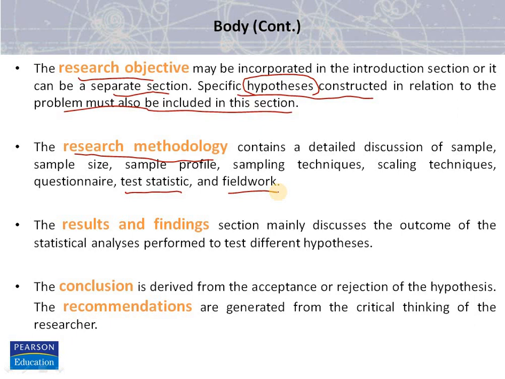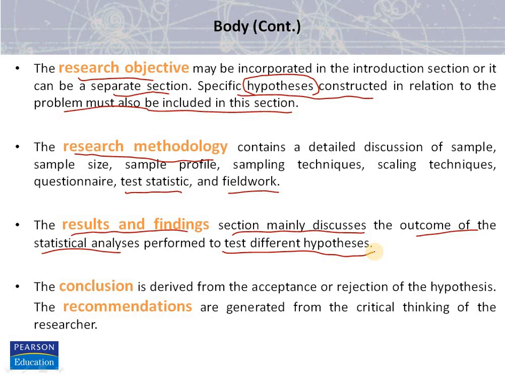The collected data can be analyzed using these tools, and the outcome of these tools will be used for results interpretation and findings. So the next part is results and findings. The results and findings section mainly discusses the outcome of the statistical analysis performed to test different hypotheses.